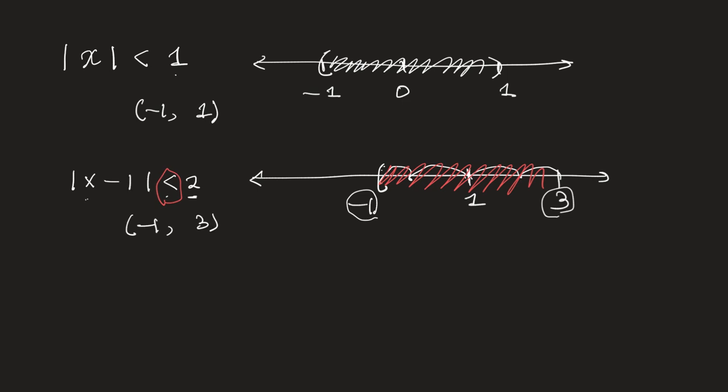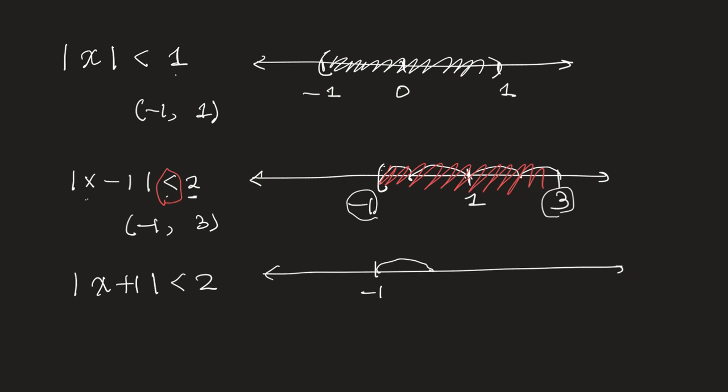Let's do one more. Absolute value of x plus 1 is less than 2. We're going to use the number line. The center is -1. You're going to find the x values whose distance from -1 is less than 2. First, find where the distance is exactly 2. That's going to be 1, and that's going to be -3.